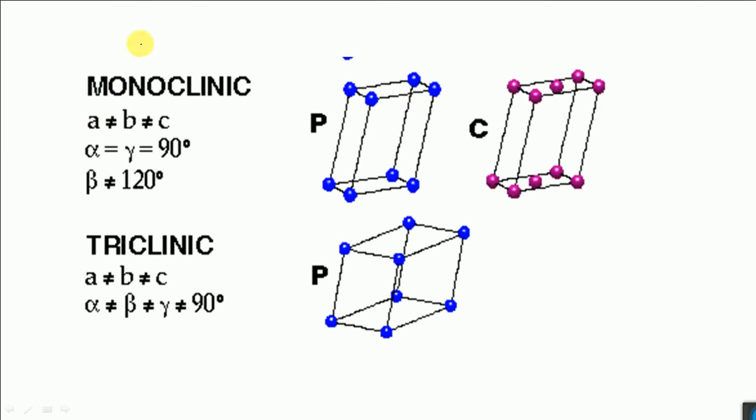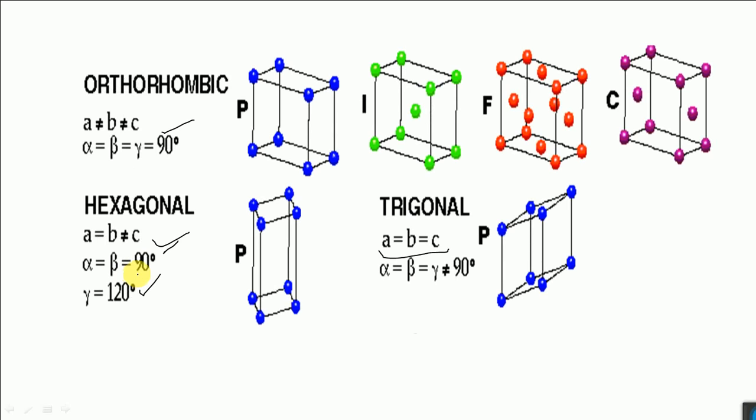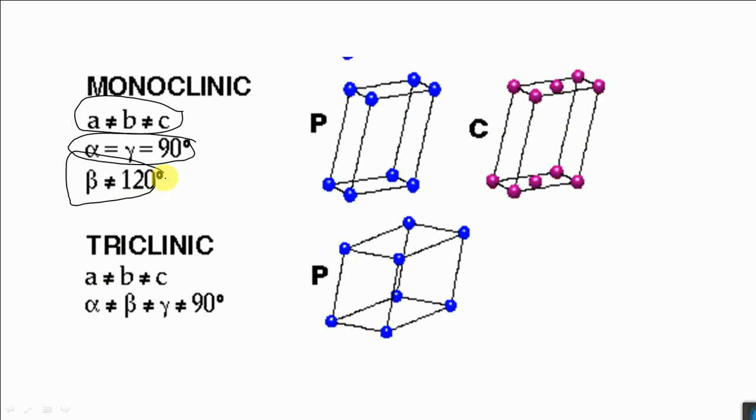In monoclinic, none of the sides are equal, two angles are 90, but the third angle is not 90. In triclinic, none of the sides are equal and none of the angles is 90 degrees.